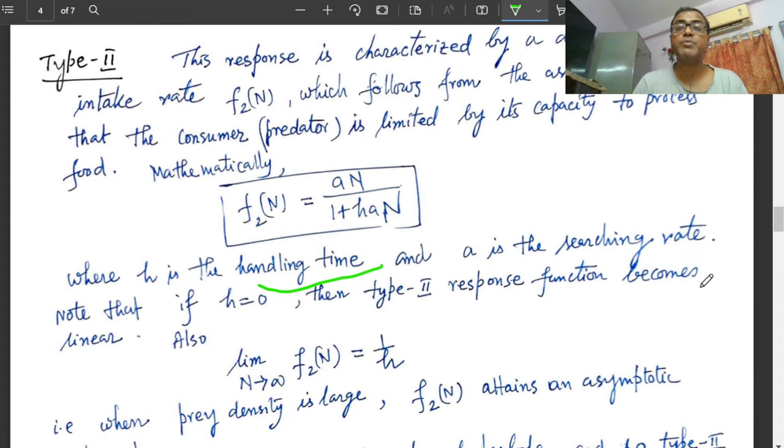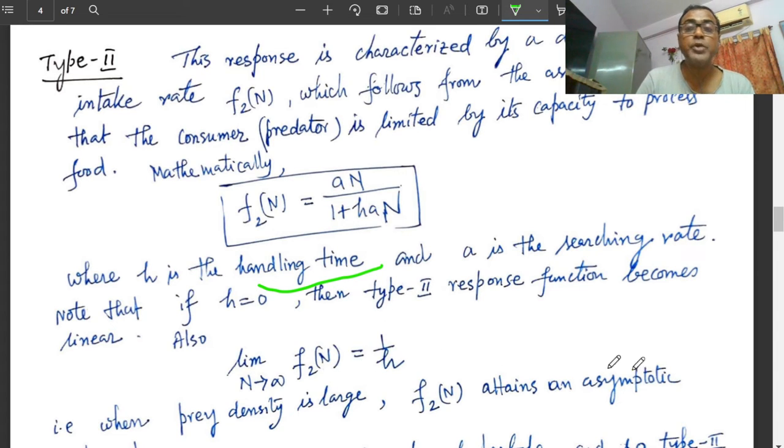Also note that if n tends to infinity, divide by n in the numerator and denominator, so the limit as n tends to infinity of f2(n) equals 1/h. When the density of prey is high, the consumption rate by the predator equals 1/h.